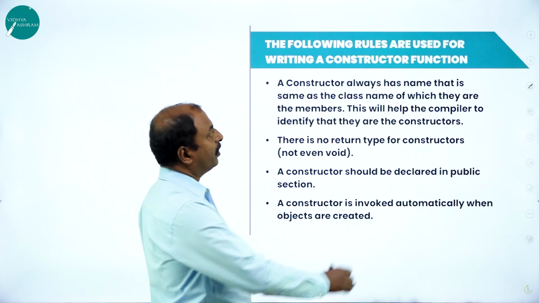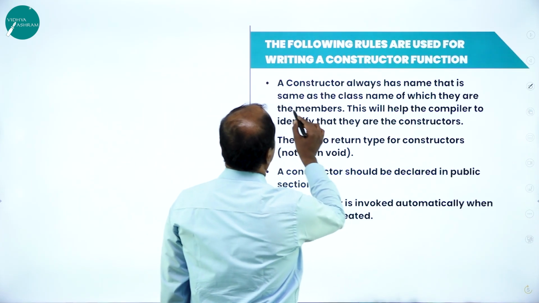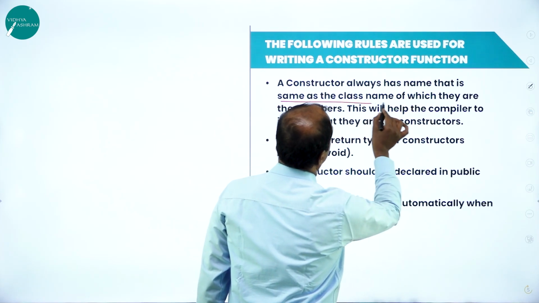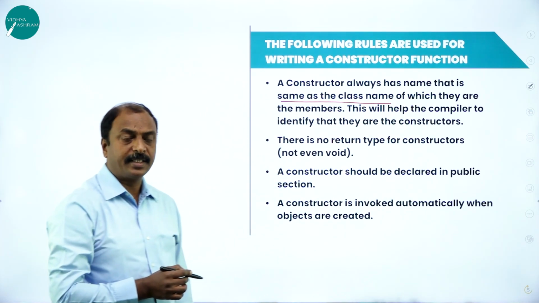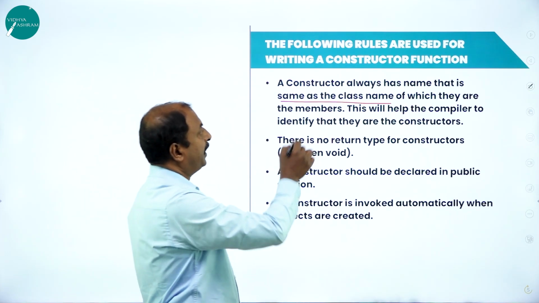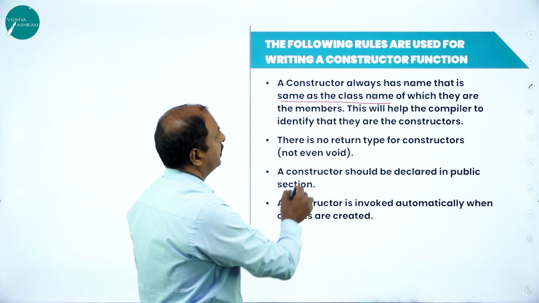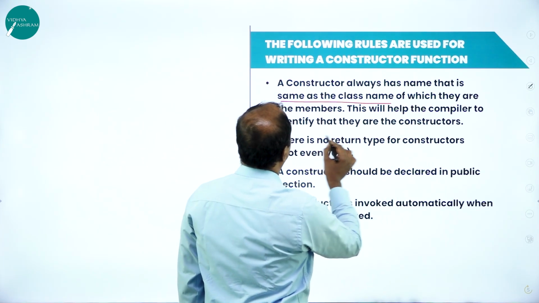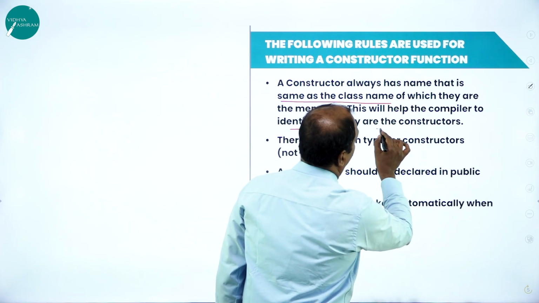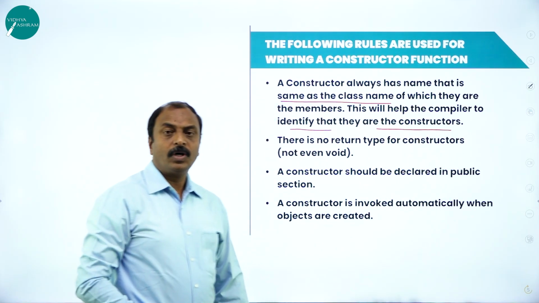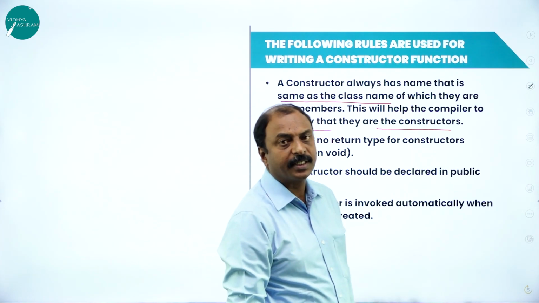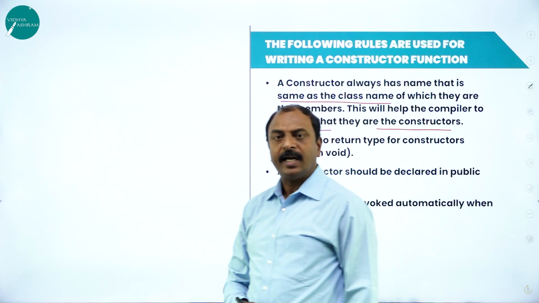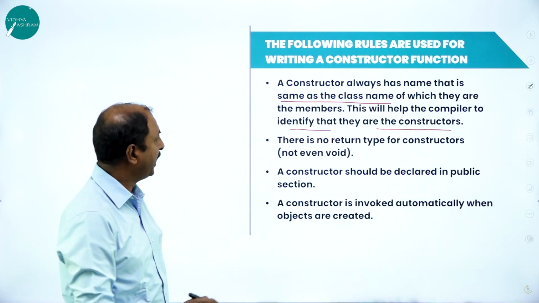A constructor always has the name that is same as the class name. So one of the characteristics is that it has the same name as that of the class. This helps the compiler to identify it as a constructor.